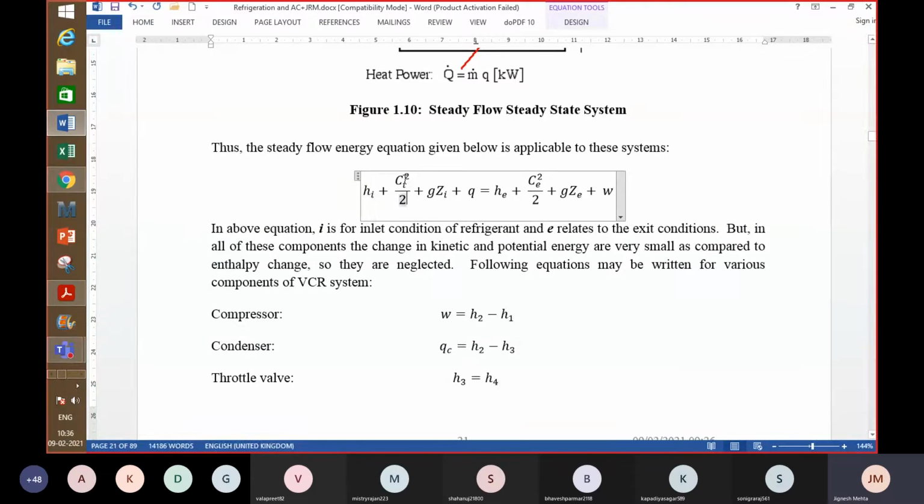So when you evaluate this, you have to make sure that you divide the Vi square by 1000, if other things are in kilojoule per kg. So if you recall the calculations done in thermodynamics, these changes could be a very small fraction of the change in enthalpy in case of the compressor. And it's a small device, so potential energy changes are very small. So we're going to neglect the kinetic energy change and the potential energy terms.